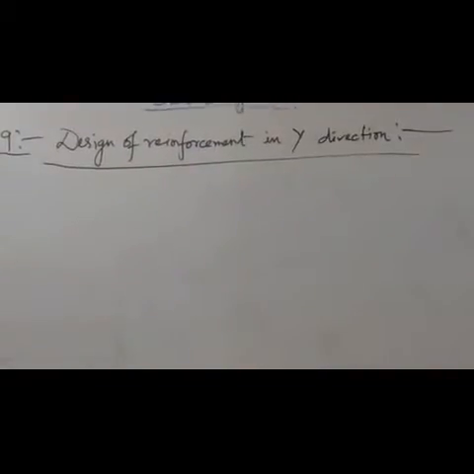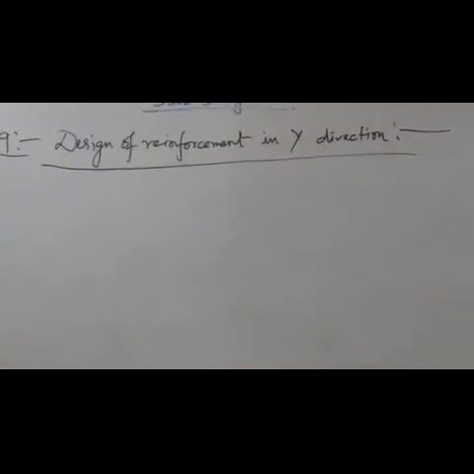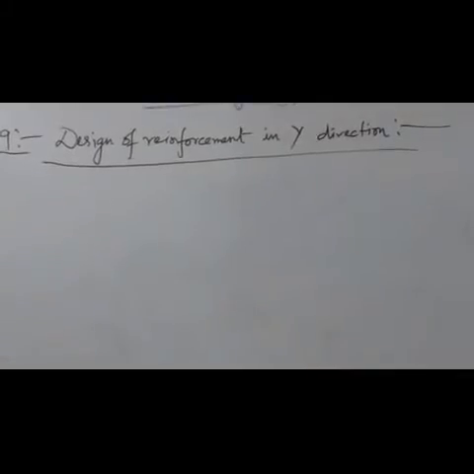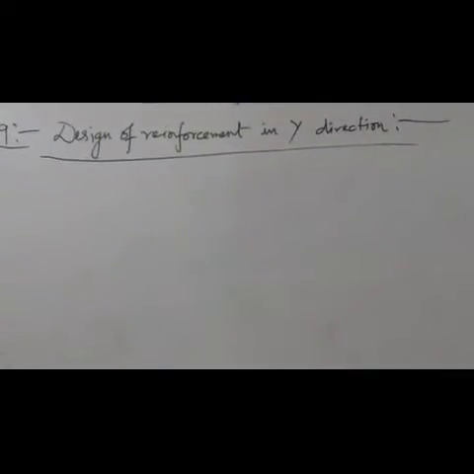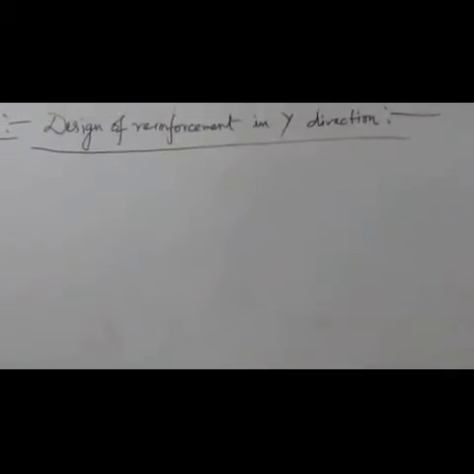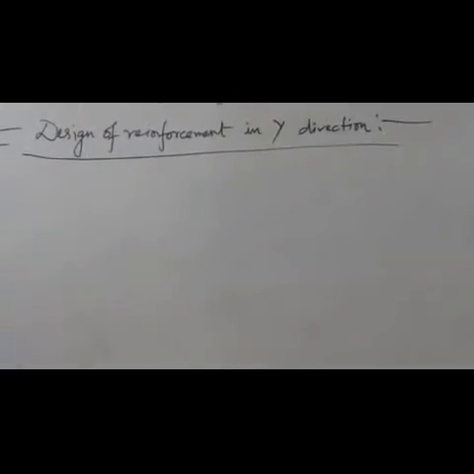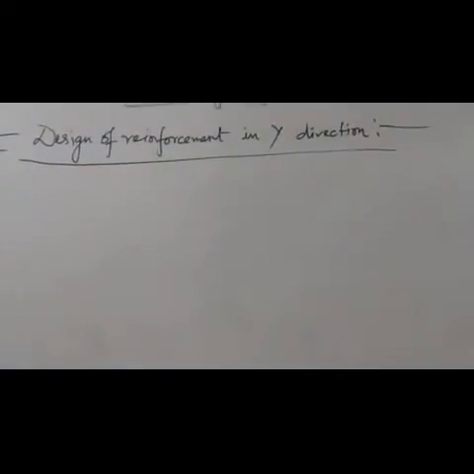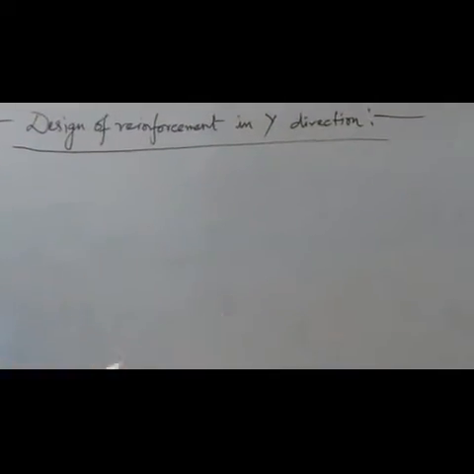But if it is a one-way slab, then you have to calculate only in the x direction, not in the y direction. For the first thing you have to calculate, in y direction the depth has already changed, because a number of bars have already been spread in the x direction.